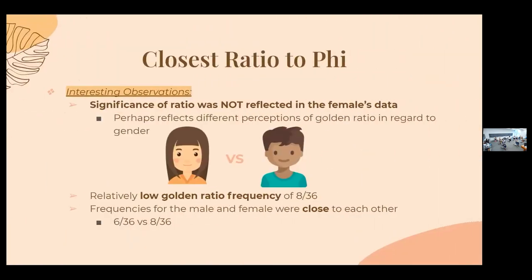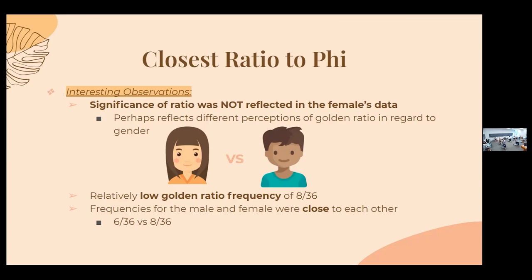However, there were some interesting observations about this ratio. First of all, its significance was not reflected in the female's data. In fact, she had an average of about 1.277, so not really close to 1.56 at all. We inferred that this perhaps reflects different perceptions of the golden ratio in regard to gender.